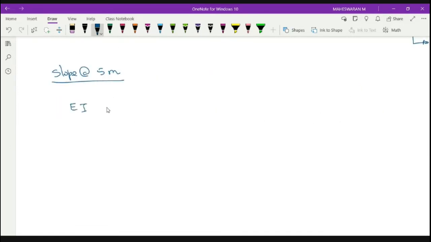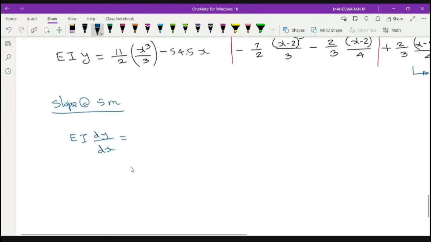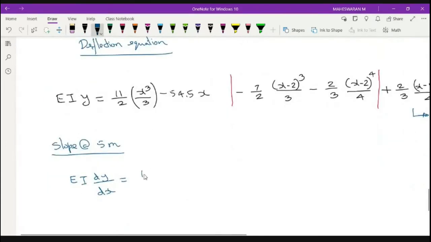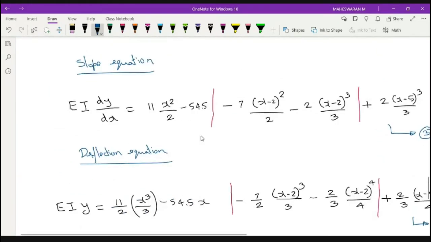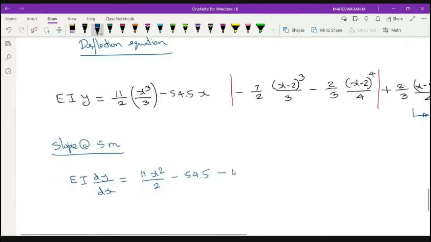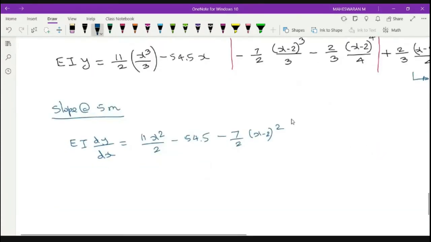EI dy by dx is equal to 11x square by 2 minus 54.5 minus 7 by 2 (x minus 2) the whole square minus 2 by 3 (x minus 2) the whole cube.